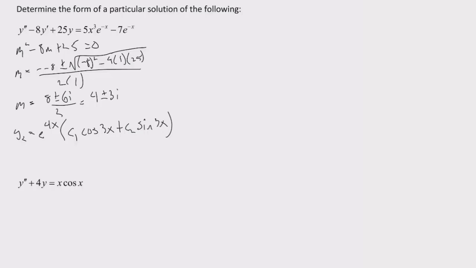Okay, and again, I want to spend more time on the particular side of this. On the right side, I notice I can essentially factor out e to the negative x. So that's going to give me 5x cubed minus 7 times e to the negative x.